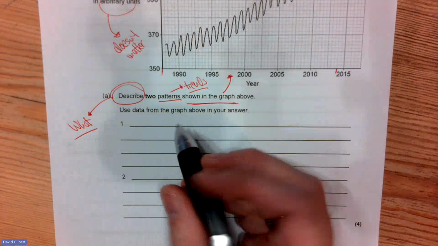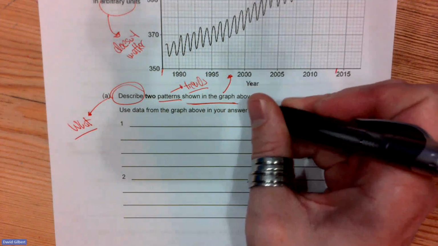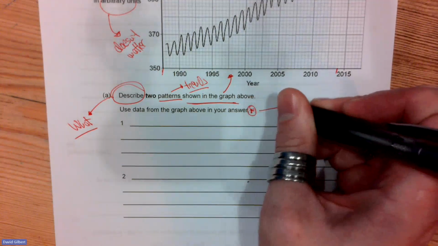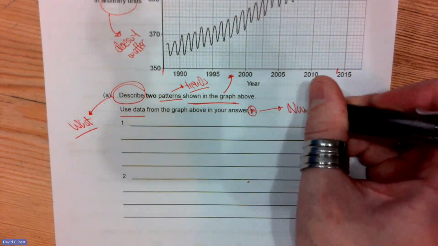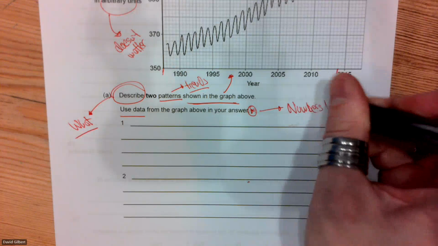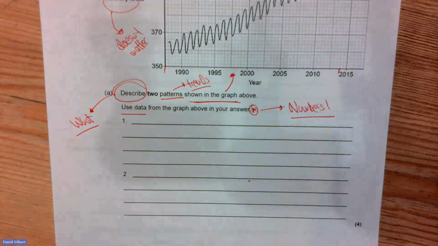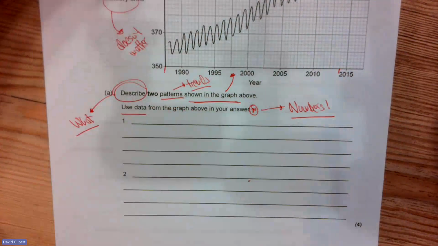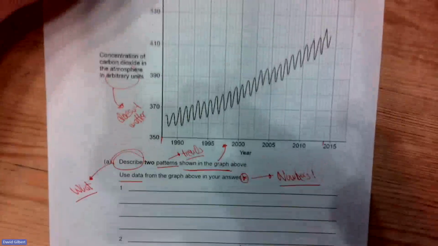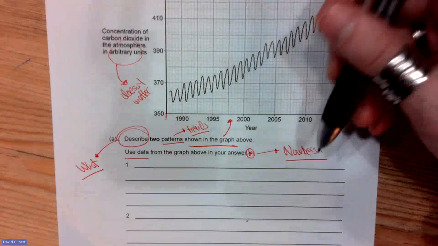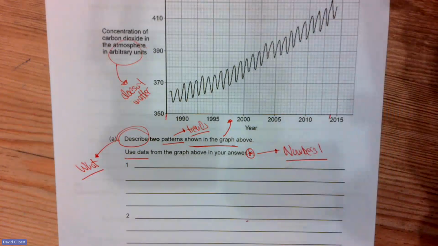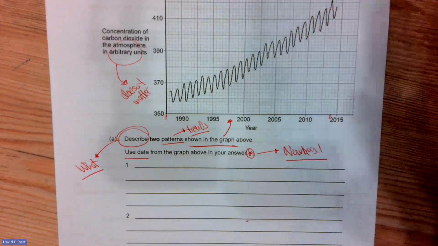And use data from the graph in your above answer. What's this telling you? Why have they put that there? Use data, in other words, numbers. Be specific about numbers. Mention numbers from the graph. Things change over what range, what carbon dioxide, how many years. Be precise, use numbers.